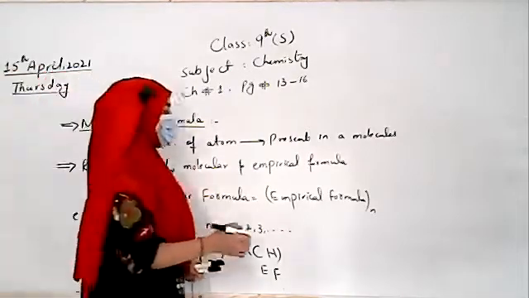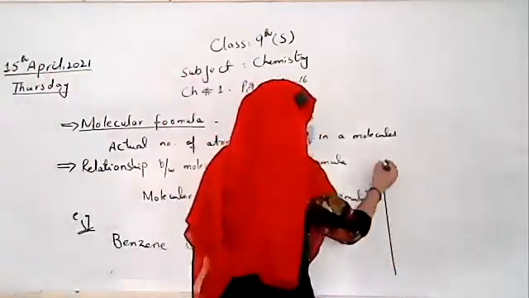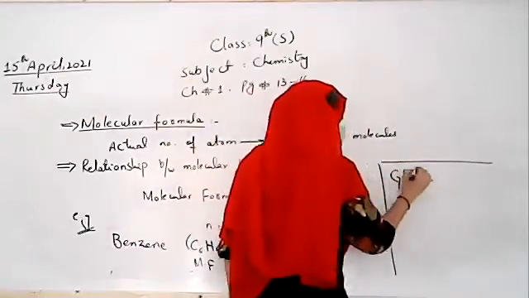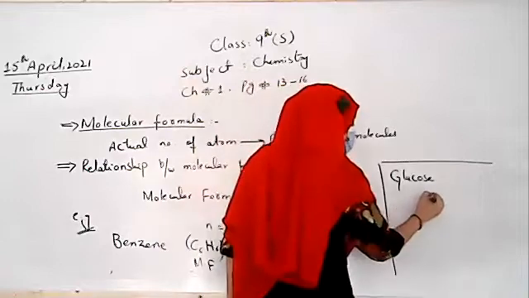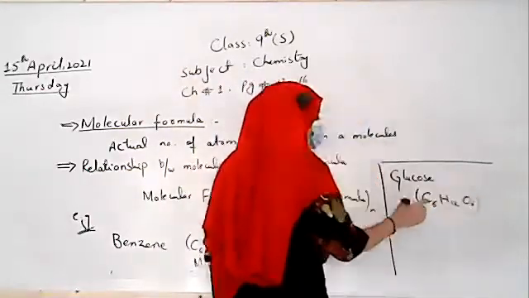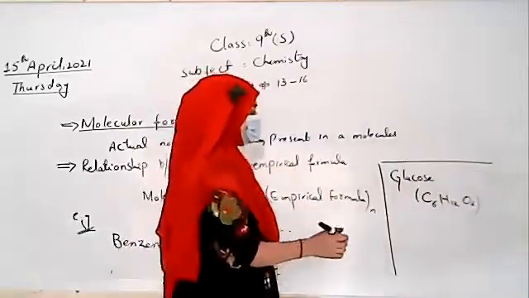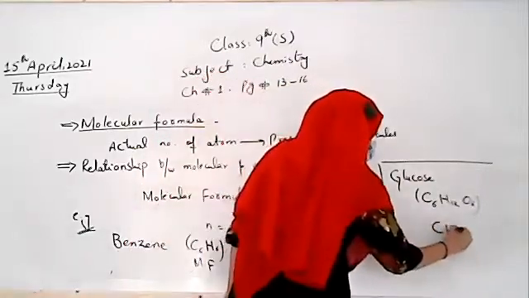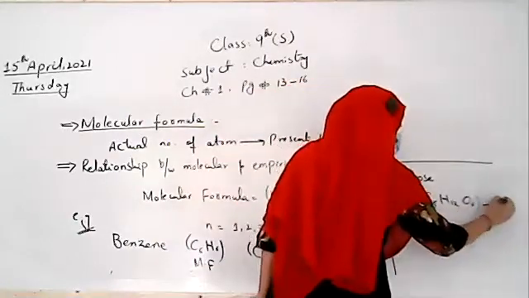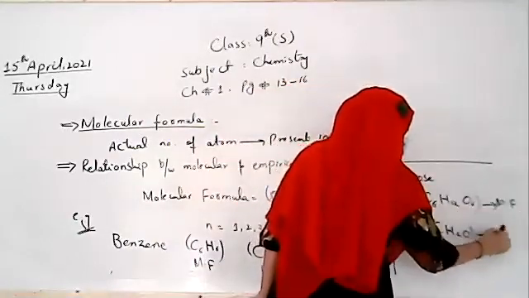And the third example is glucose. The molecular formula of glucose is C6H12O6. If we take 6 as a common factor, then CH2O is its empirical formula.